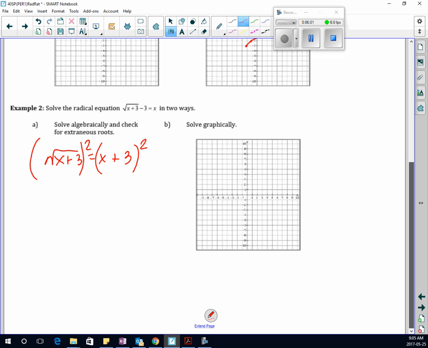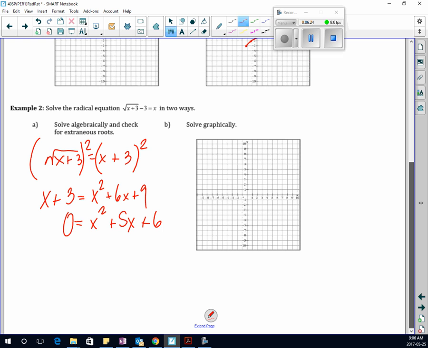Now watch, when I square the right side, what do I have to remember? You have to FOIL. So this is x squared plus 6x plus 9. Then what do I do? Move everything over. So I get x squared plus 5x plus 6, yes?